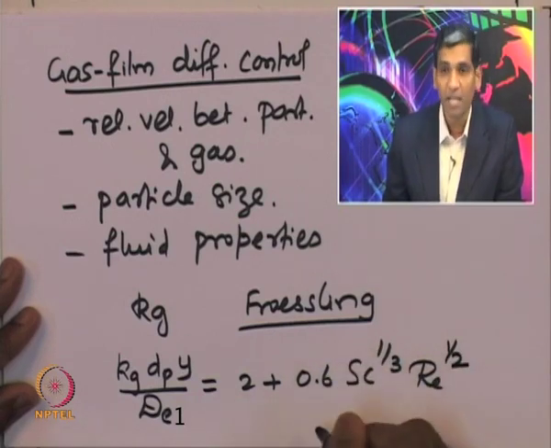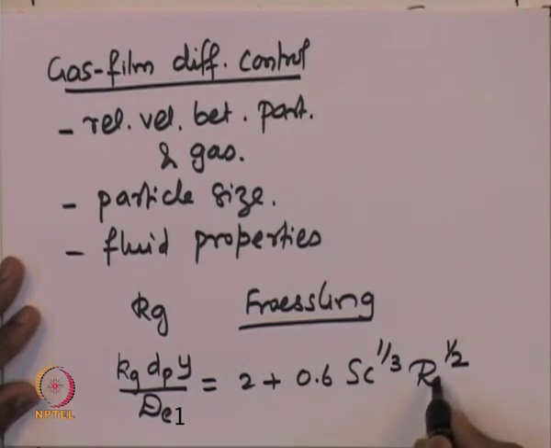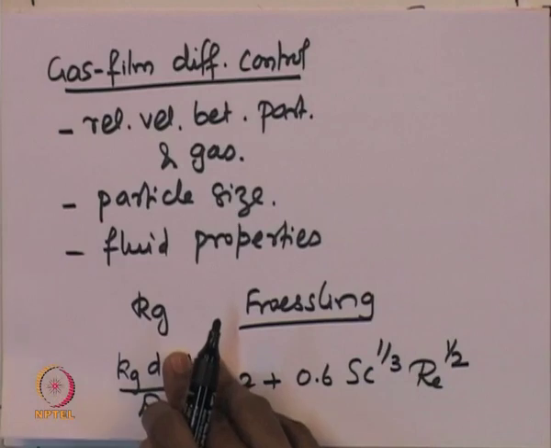The Schmidt number is the ratio of kinematic viscosity to the effective diffusivity of that species, and the Reynolds number is the dimensionless quantity that captures the corresponding fluid flow properties.